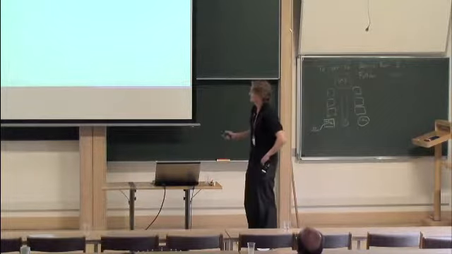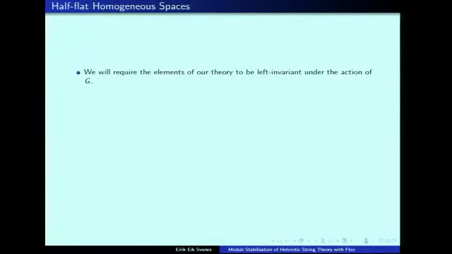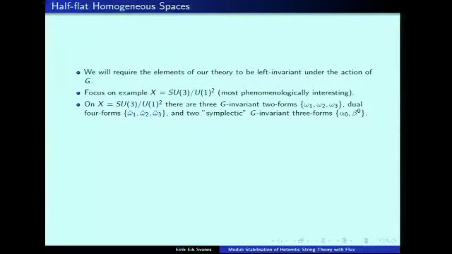As Michael said, we are requiring the elements of our theory to be G invariant under the action of this parent group G, which makes things simpler, and the quantities are easier to handle. Focusing on the example SU(3) over U(1) squared, which is the most terminologically interesting one, where bundle constructions are available, this space has 3 G-invariant 2-forms and dual 4-forms, and 2 symplectic G-invariant 3-forms, alpha 0 and beta 0.